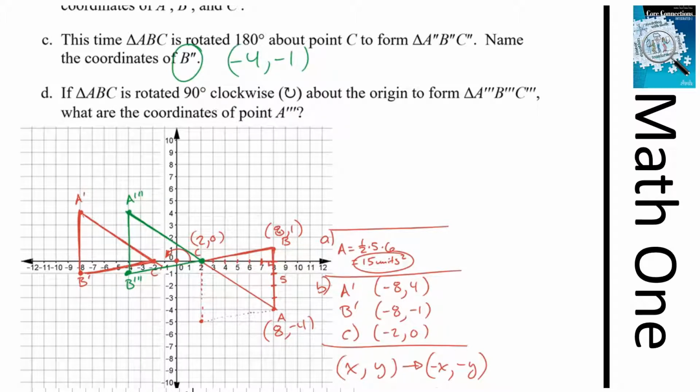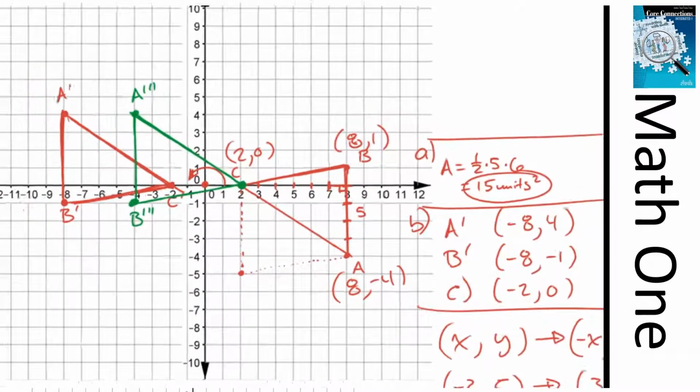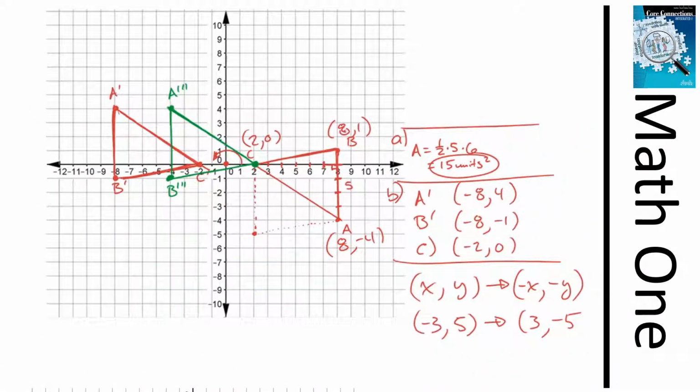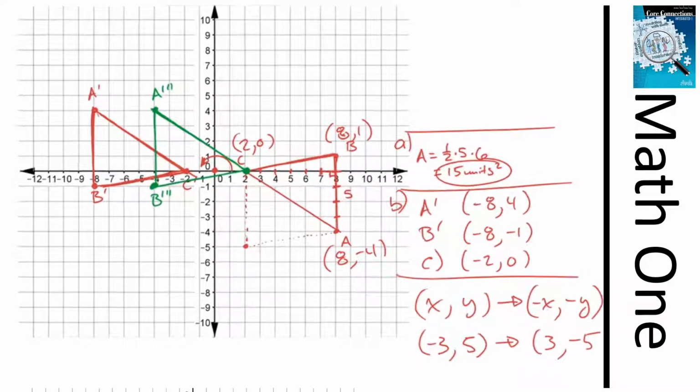And now D. It says if triangle ABC is rotated 90 degrees clockwise about the origin to form triangle A triple prime, B triple prime, C triple prime, what are the coordinates of A triple prime? So this time I'm going 90 degrees about the origin. Let's think about this.